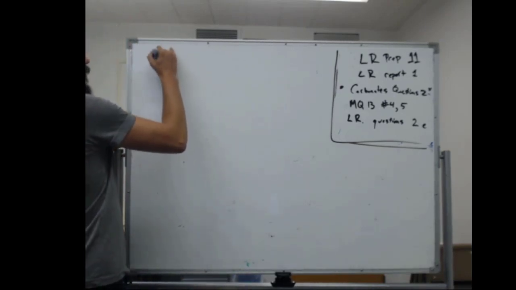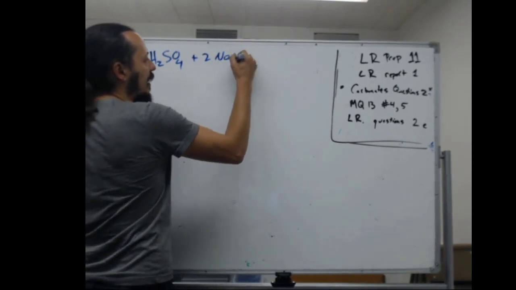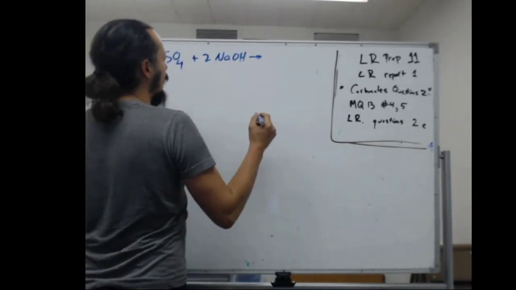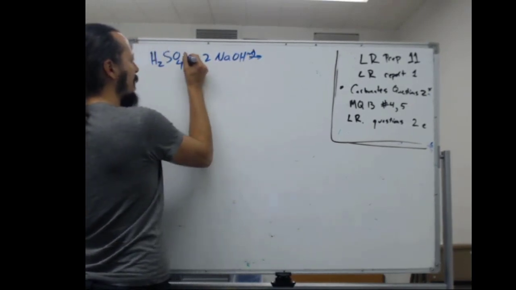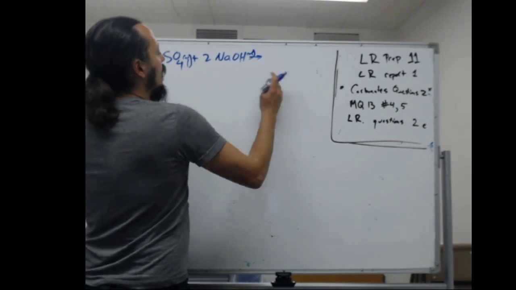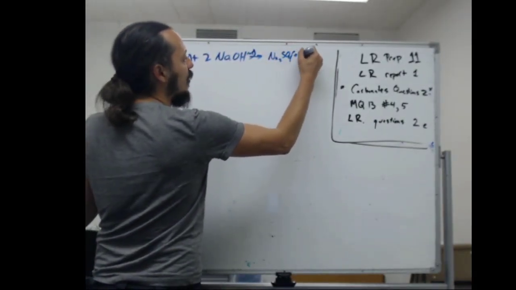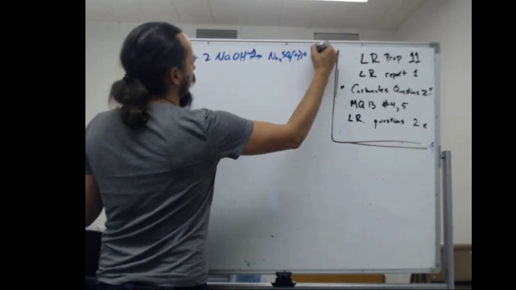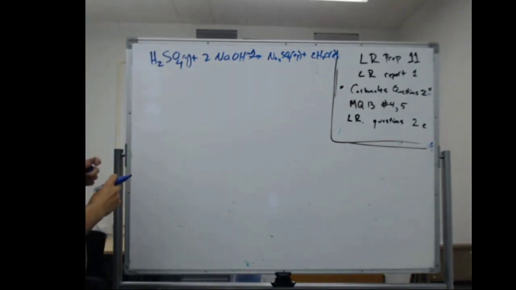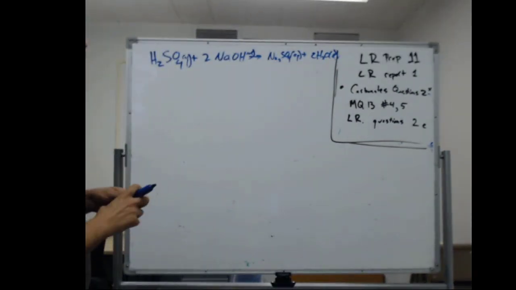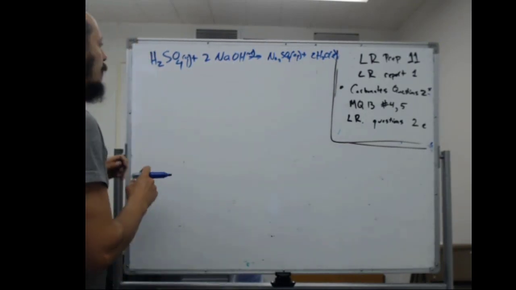So I'm going to have H2SO4 plus 2 NaOH goes to, sorry, I forgot my states of matter, never forget your states of matter, Na2SO4 aqueous plus 2 H2O liquid. Right, so this is the second reaction that's going to happen, where the excess sulfuric acid is reacting with sodium hydroxide.